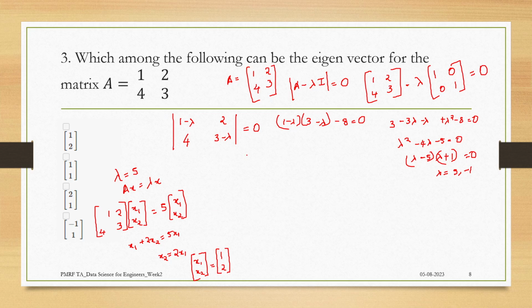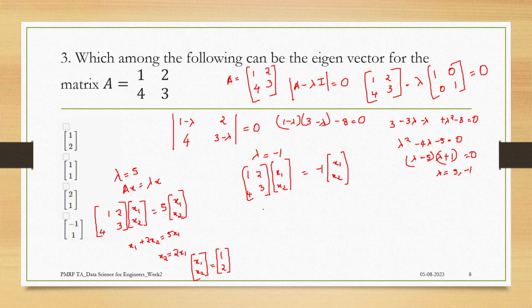Then for another one, if lambda equal to minus 1, then it will be 1, 2, 4, 3 into x1, x2 equal to minus 1 into x1, x2.